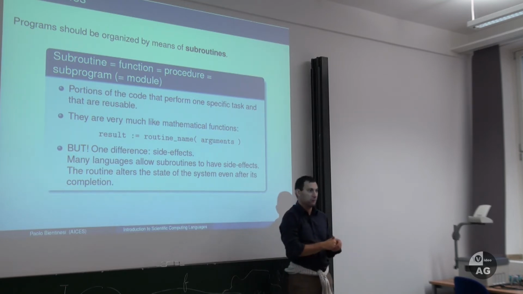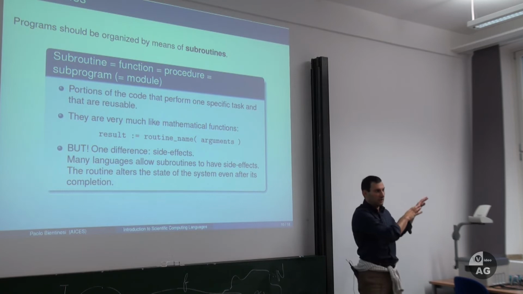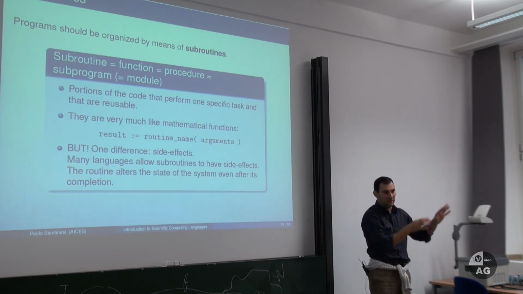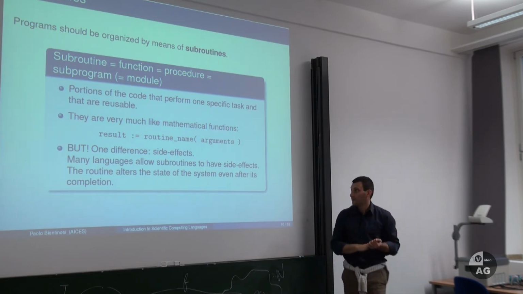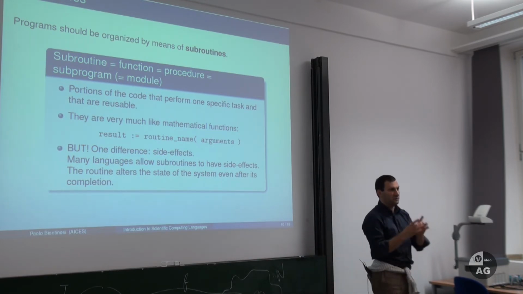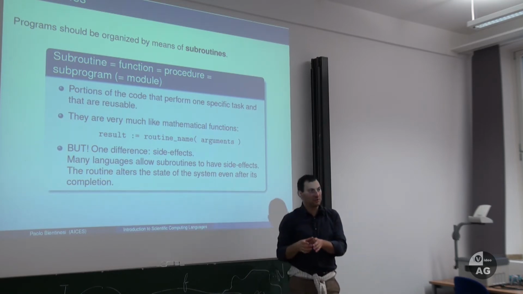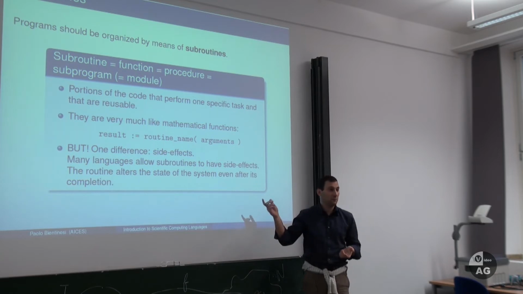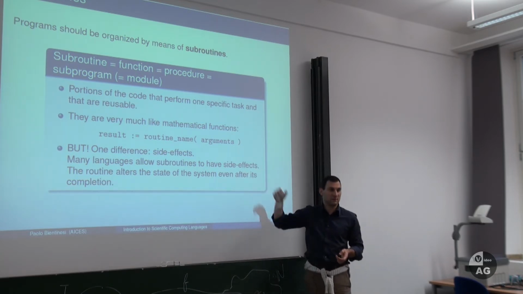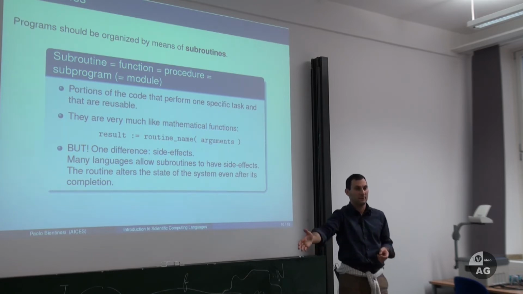What does it mean, side effect? Let's say that we have our state. I told you what a state is already. It's our hard disk, it's our screen, it's our memory. Then I ask my function to compute the area of a circle, and it tells me the area of this circle is 5. Okay, that's fine. But while doing this, it decides to write something on a file.